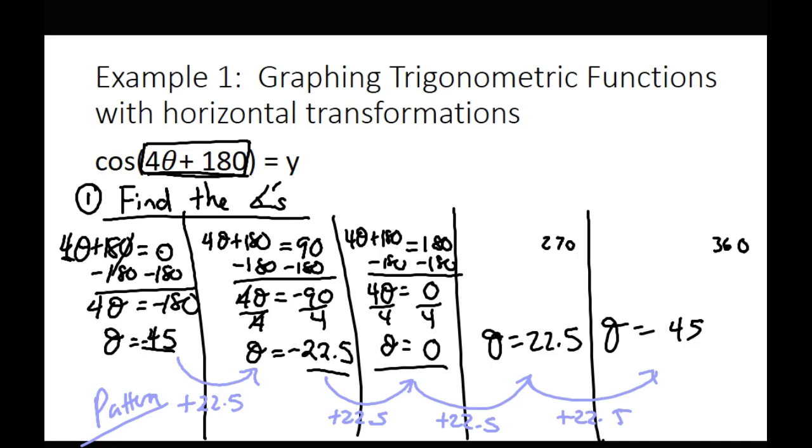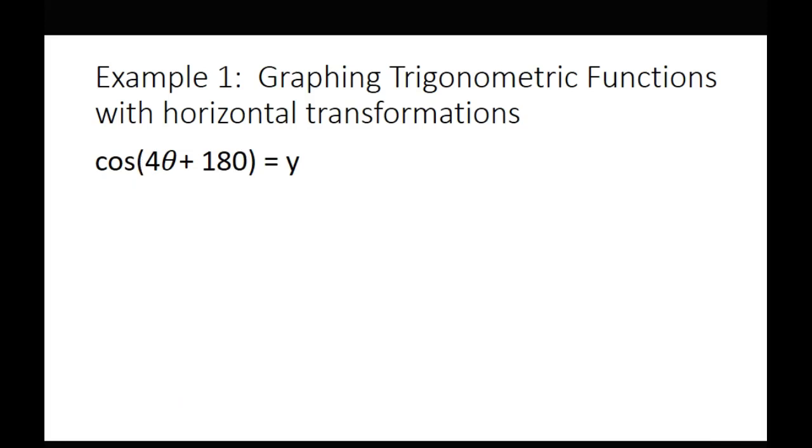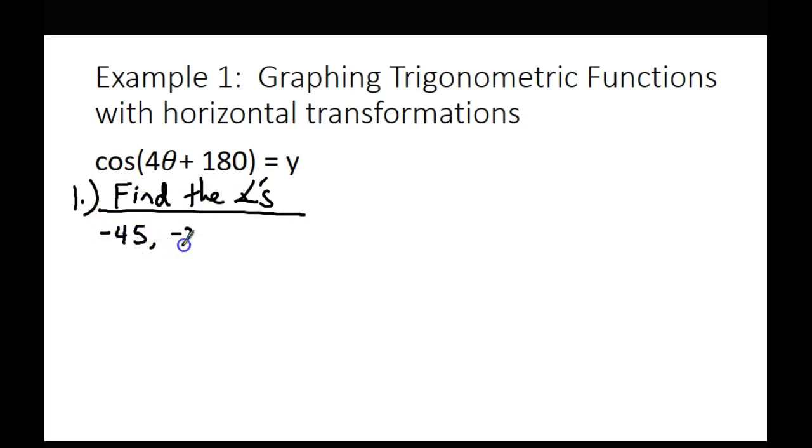I've got all different angles now, so you have to figure them out. All right, so that's step one, find the angles. My new angles now are negative 45, negative 22.5, 0, 22.5, and 45.